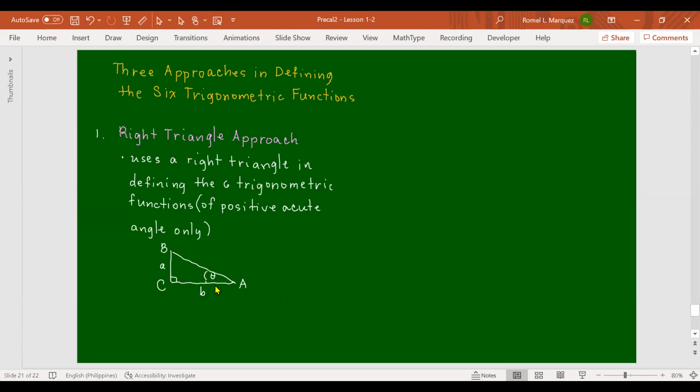So theta here is between 0 and 90 degrees, so positive acute. Make use of that. The number 2 approach.